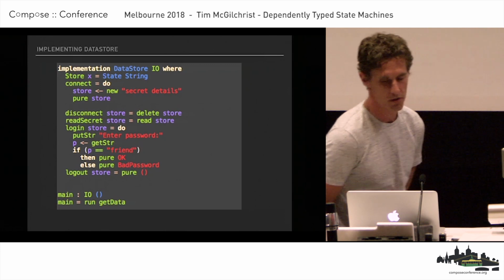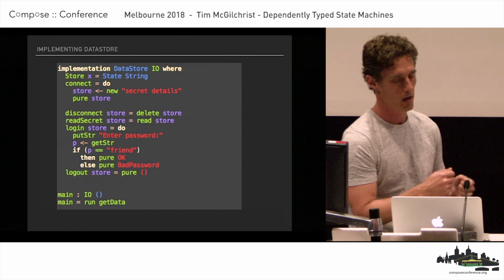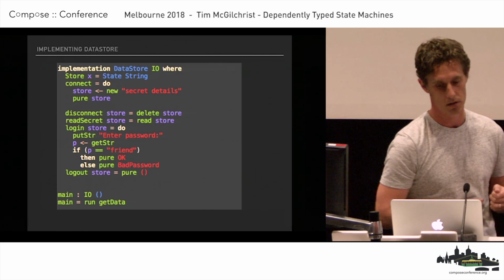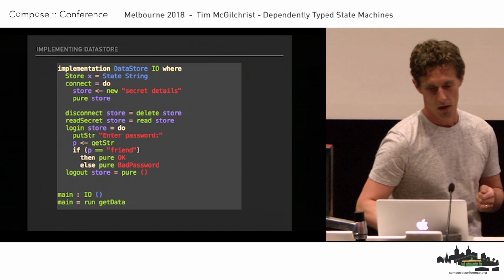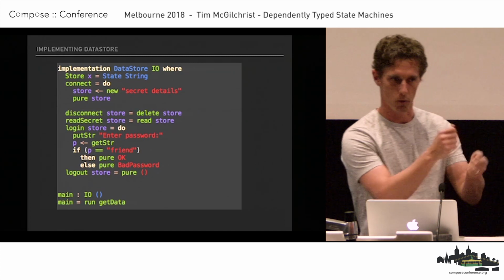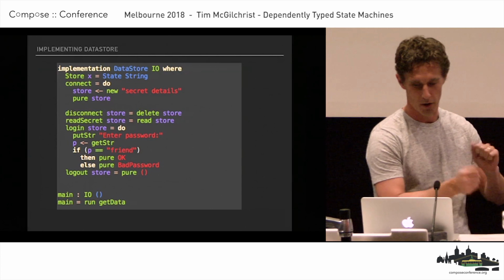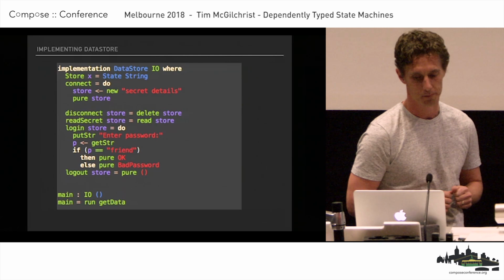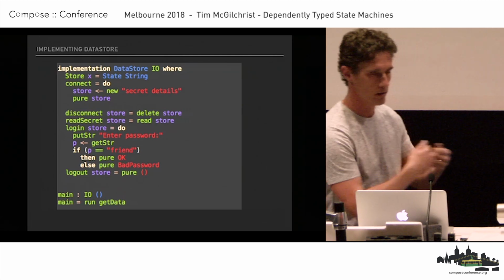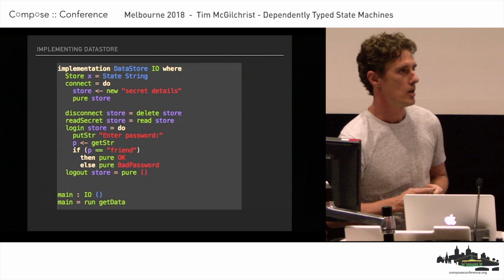So you're creating a new one and putting the secret details in there and returning it back into the monad. Delete and read are fairly straightforward. And then login is going through and pulling that value out, checking it against friend, and then returning OK or bad password.